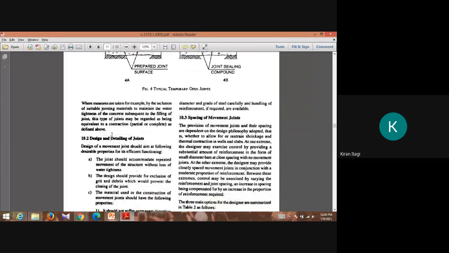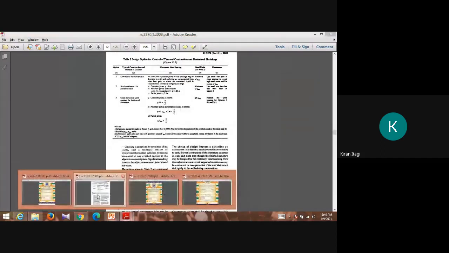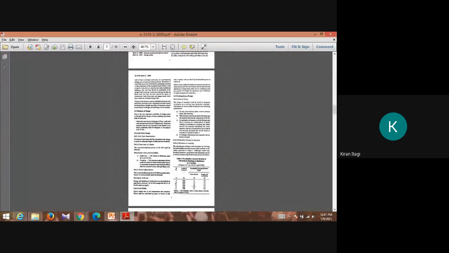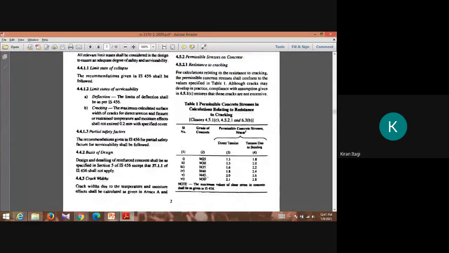And in Part 2 we need this table, that is the permissible stress in the concrete.